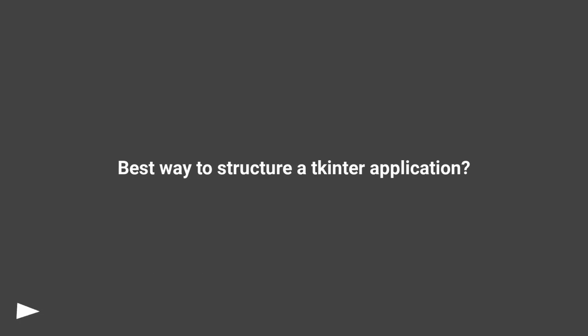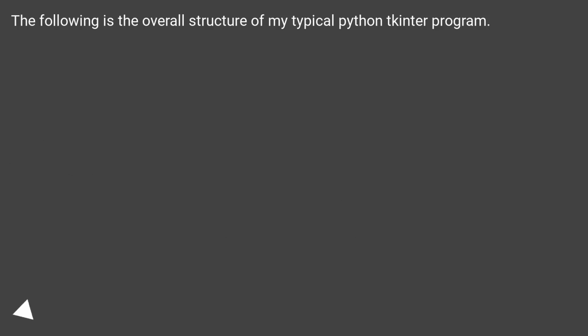Best way to structure a tkinter application? The following is the overall structure of my typical Python tkinter program.